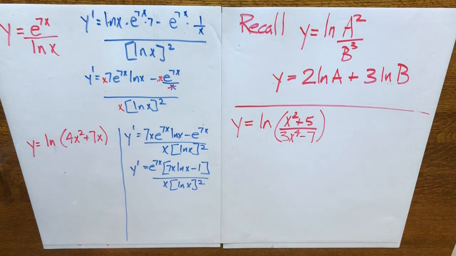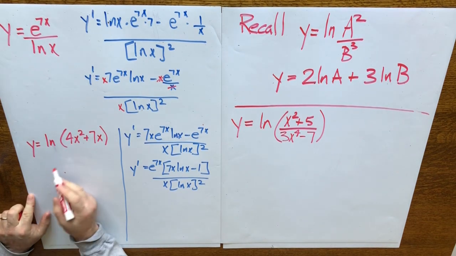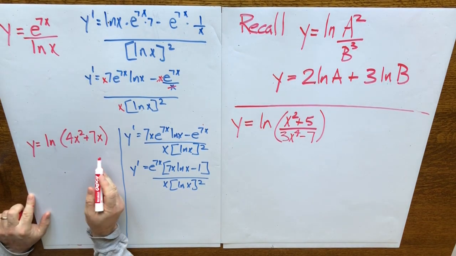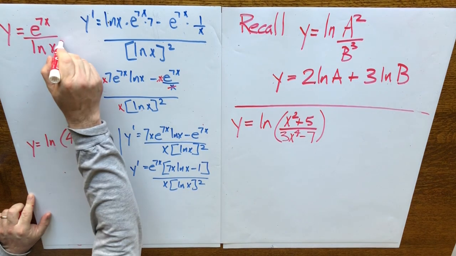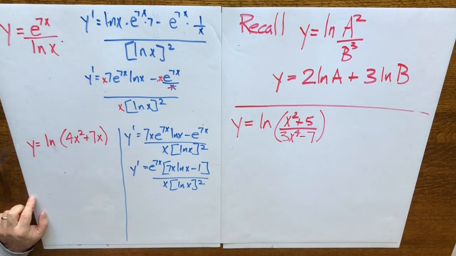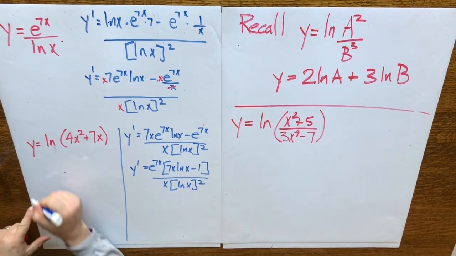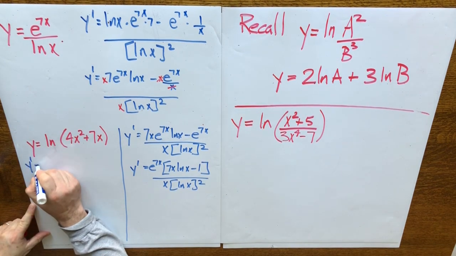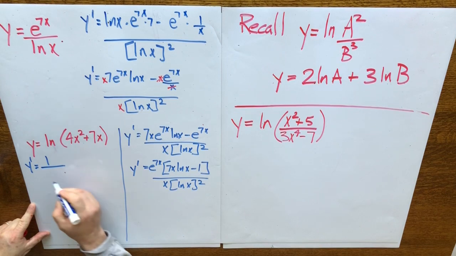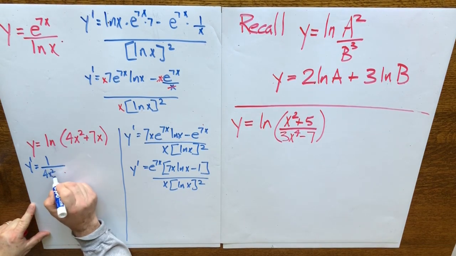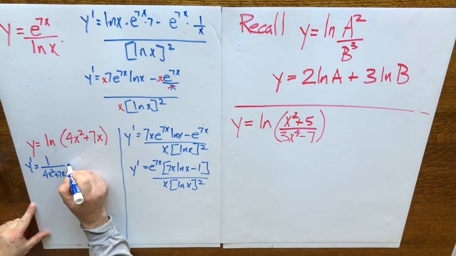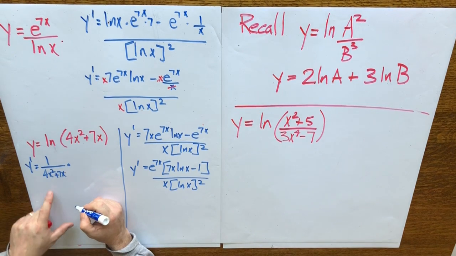Here's our first example with a complicated argument. So y is equal to the ln of 4x squared plus 7x. No longer is it just x, like it was in the previous examples. So the way that we take its derivative is just say y prime equals 1 over whatever the argument is, 4x squared plus 7x, times the derivative of the argument.